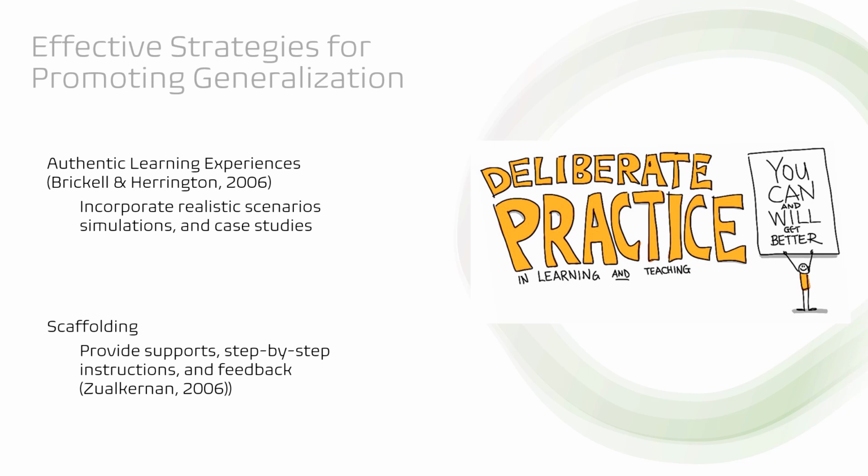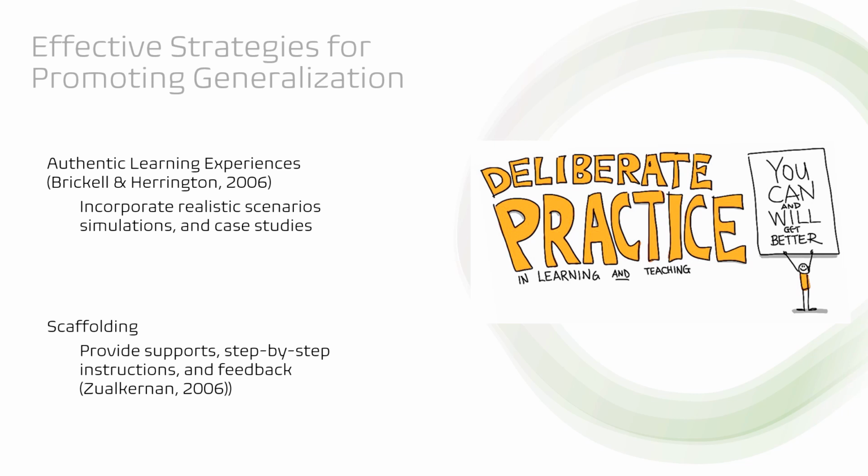Effective strategies for promoting generalization. So Brickell and Harrington in 2006 identified authentic learning experiences. To promote the generalization of skills from e-learning environments, the authentic learning experience was one strategy that closely resembles real-world situations, which enhances transfer of learning.